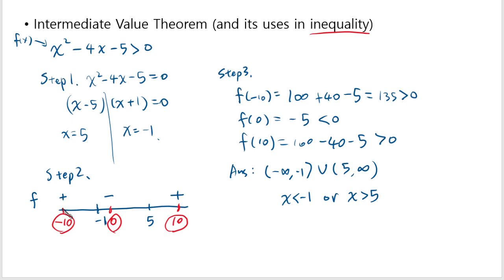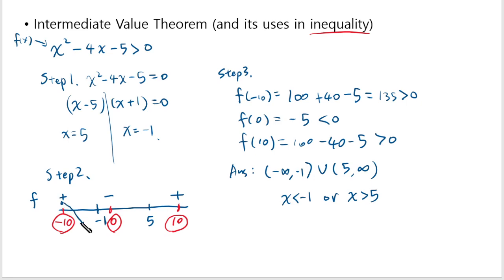So let's think about the following. Maybe somebody comes in and says, well, you told me that negative 10 gives you positive, but how do you know whether negative 5 would be positive or negative? Is there a reason for that? Okay. Well, then you can use the intermediate value theorem to argue something like this. If it's positive at negative 10, it's negative at negative 5, then by the intermediate value theorem, we know that polynomials are continuous, right? So it's going to have to connect these, so it has to cross the x-axis at some point.